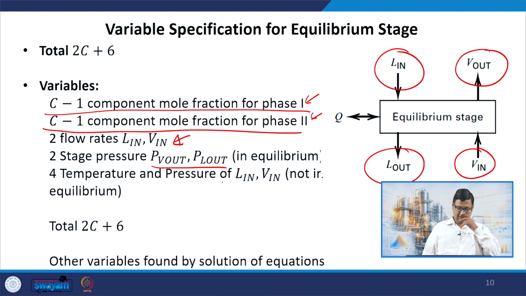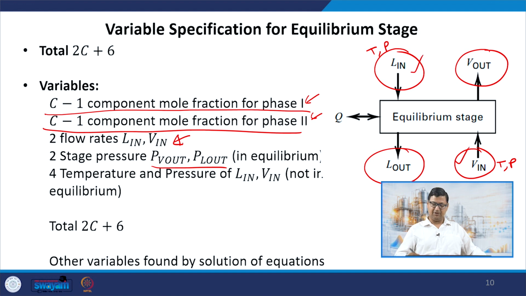And then finally, we have 4 temperatures and pressures, so both temperature and pressure for the incoming liquid and vapor, but for the two outgoing streams I am only specifying the stage pressure, because the other thing may come from the equilibrium condition.